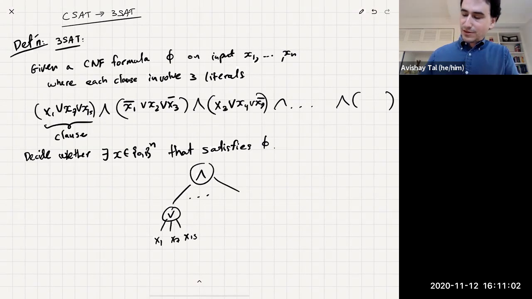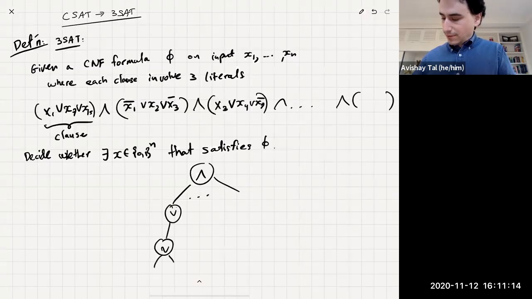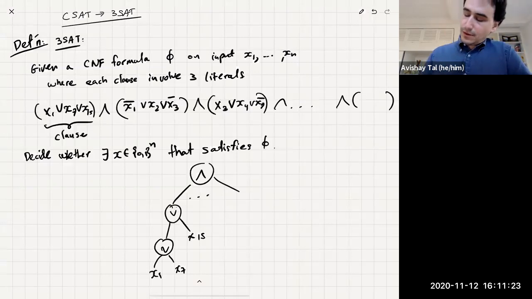So if I have an OR of three variables, I can convert it to taking the OR of the first two, and then taking the result and taking the OR with the last one. Right, so I can always convert this expression into a circuit. So that's a special case.